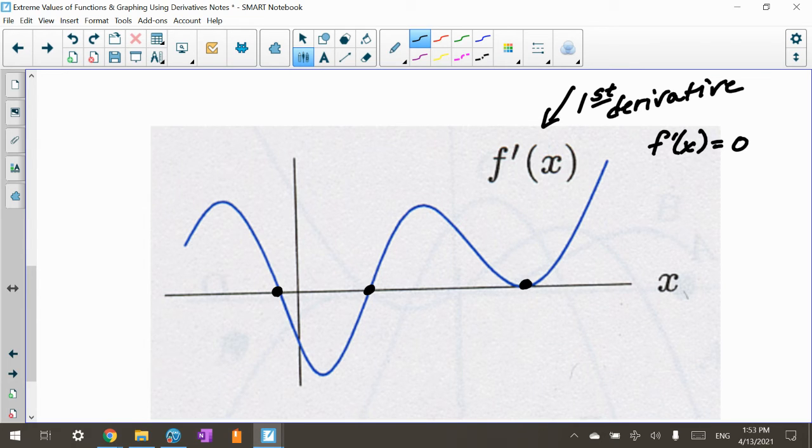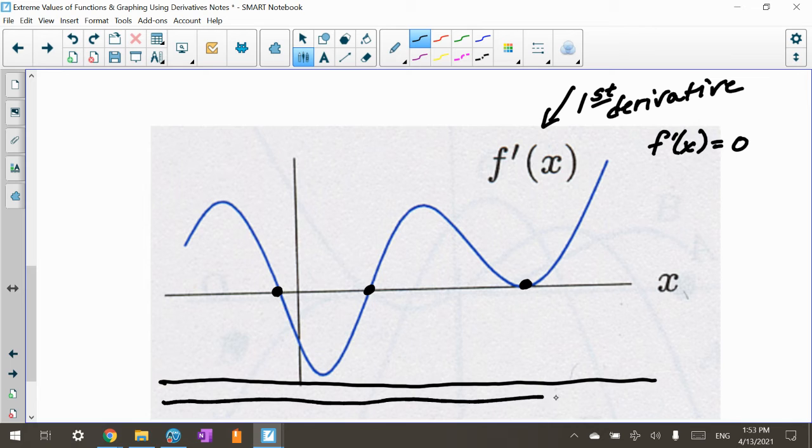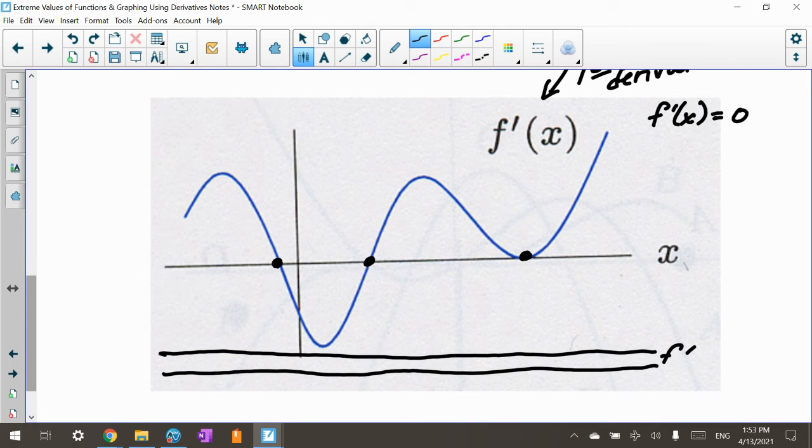Now I want to look at where my local mins and my local maxes are, because they want us to know. Just to help describe this to you, I did my f prime bar, and we're going to go backwards to what is happening to my original function, all right?